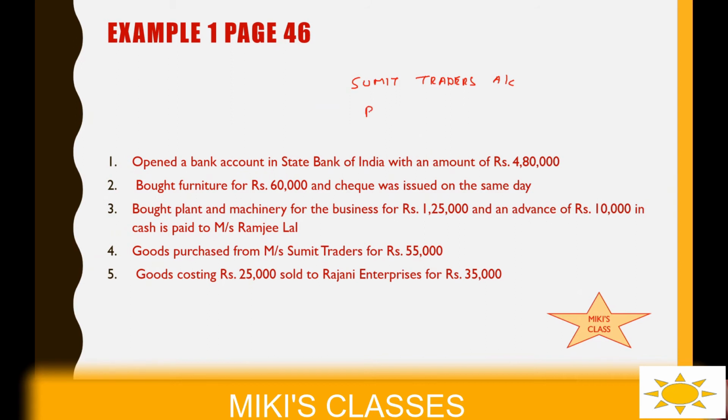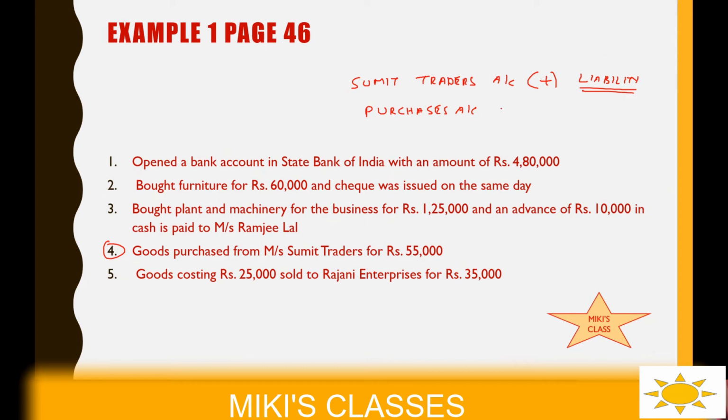The other one is purchases account. So we know which are the two accounts involved. In this case, our obligation to make a payment has gone up in the case of Sumit Traders, correct? We have to make 55,000 rupees of payment, which means our liability has gone up. The fact that we owe money, and how much we owe, has gone up, correct?